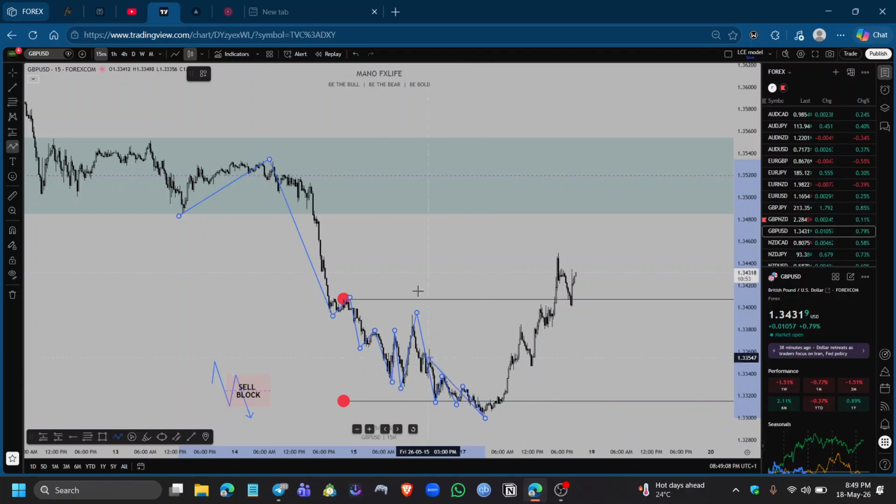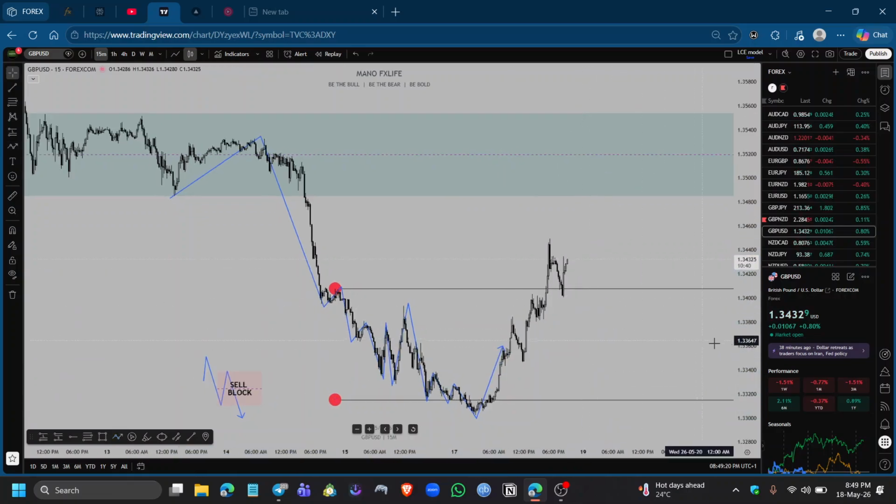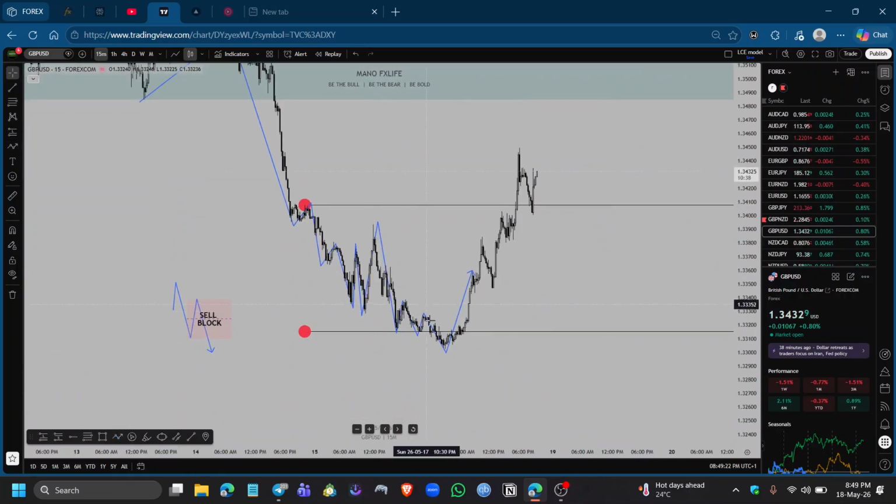Price kept on creating lower low, lower low. Where did this lower low stop? Where price now started buying? This is the last high that price broke before it continued moving up. So between this high and this low is your block.